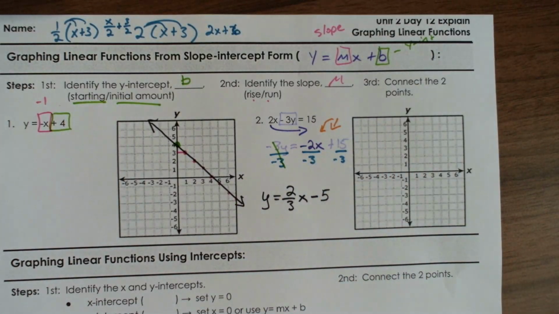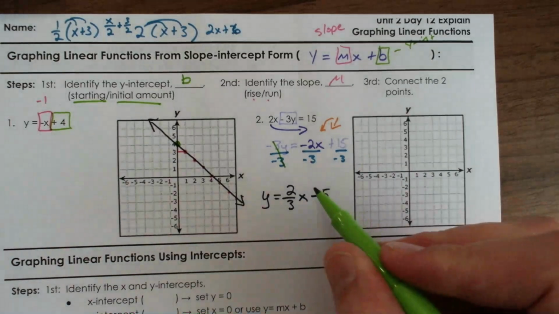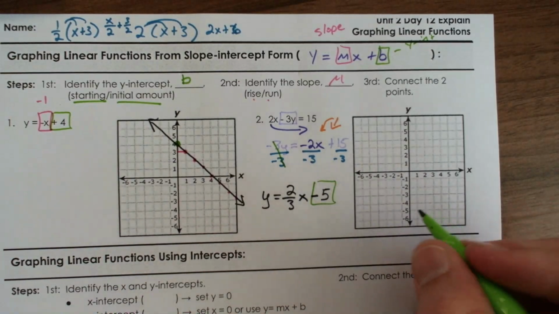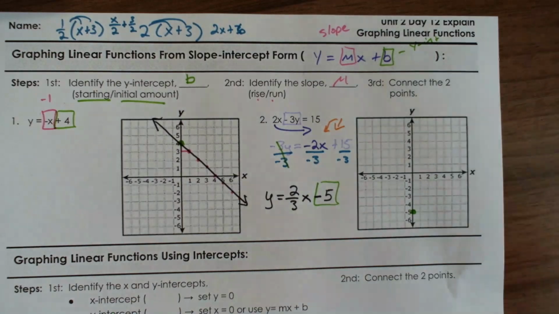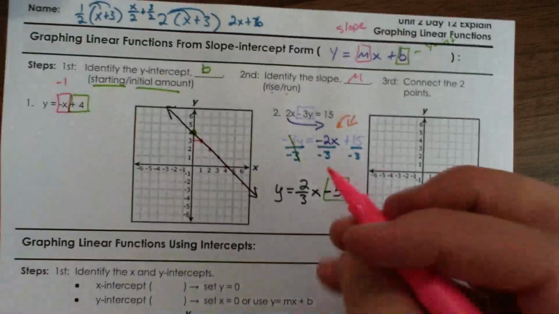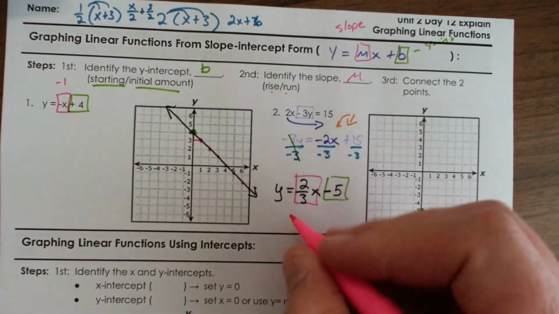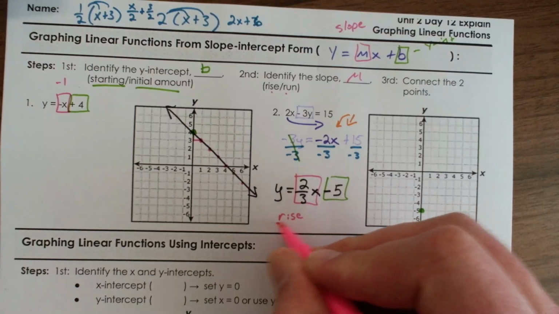So the first thing I do is identify my y-intercept. Negative 5. So I make a dot right down here. The second part, identify my slope. This is actually why I like fractions for graphing, because remember, it's rise over run.